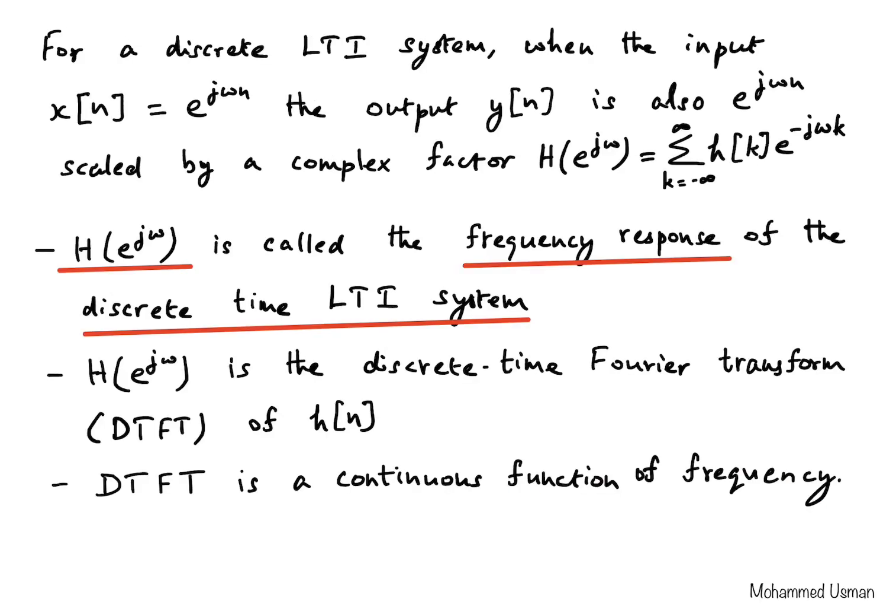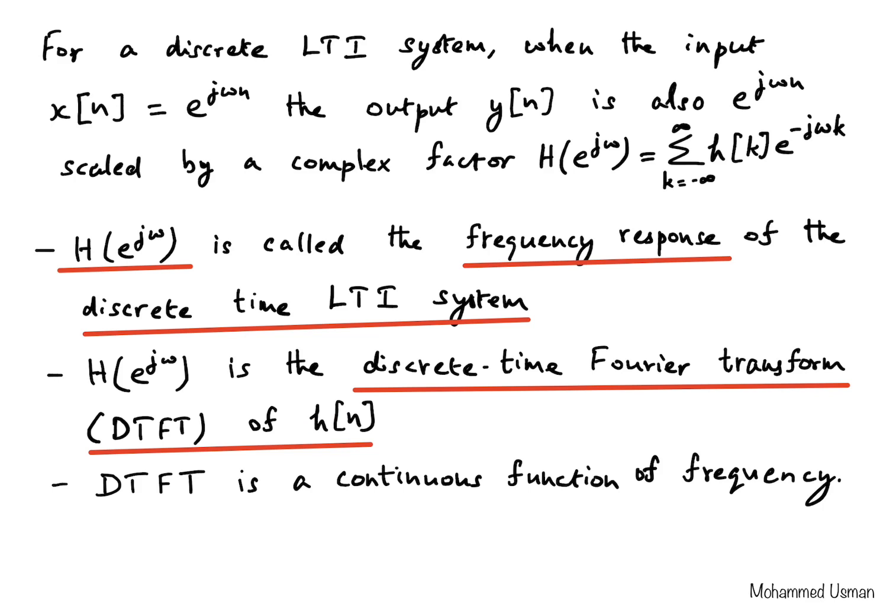Again, what is the discrete time Fourier transform? We'll come to that later, but just remember that the relationship between the frequency response of the discrete time LTI system and its impulse response is that the frequency response is obtained by computing the discrete time Fourier transform of the impulse response. So H of e power j omega is the DTFT of h of n.